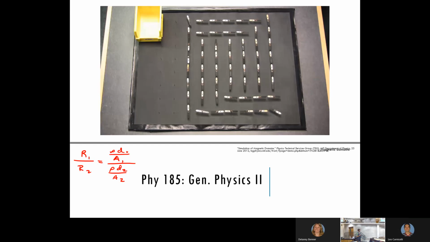And then we just say, oh, goody, there's some cancellation. The material that I make the resistors out of doesn't matter because I'm dealing with ratios. And so if I get rid of the compound fraction, we end up with something like D1 over D2 times A2 over A1. And those are the ratios that I gave you, correct? I gave you the ratio of the distances, I gave you the ratio of the areas.